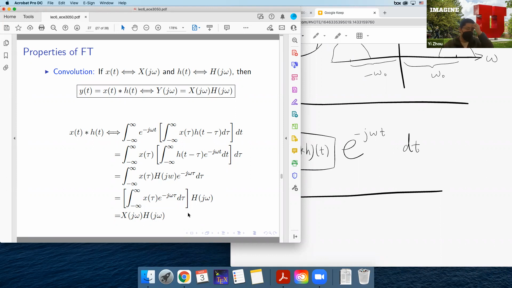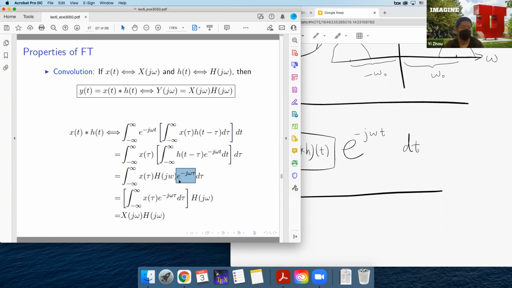So if you think about this carefully, the reason that convolution now translates into multiplication in the frequency domain is that, first of all, we have this time shifting property of the Fourier transform. This time shifting property gives us a phase shift term, and this phase shift term magically contributes to the second Fourier transform.